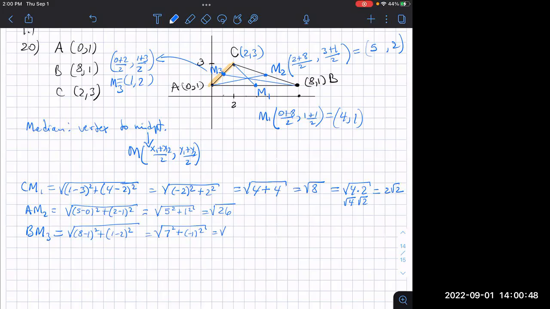Square root of 50. And simplify the square root of 50.